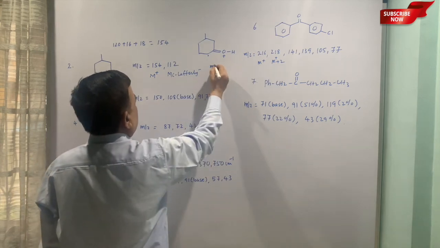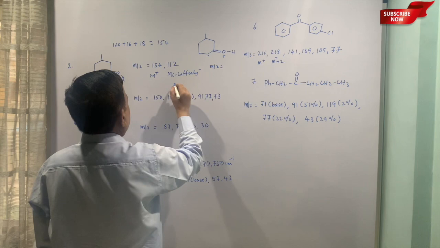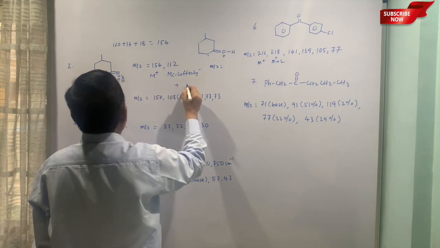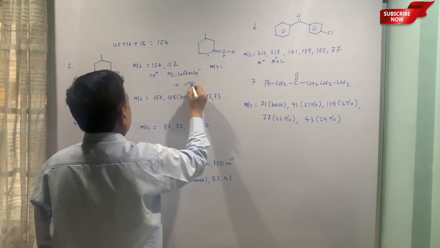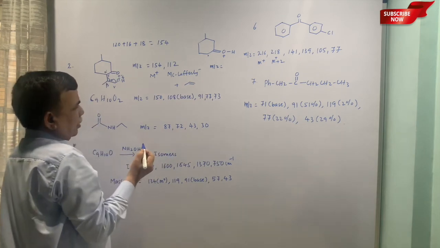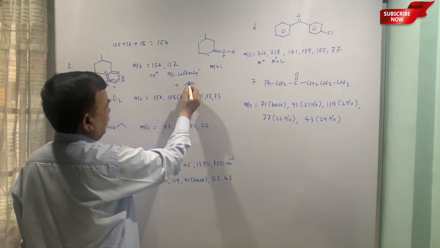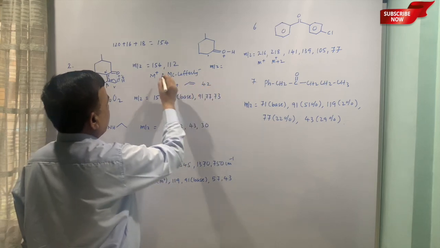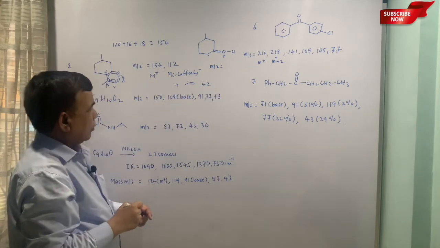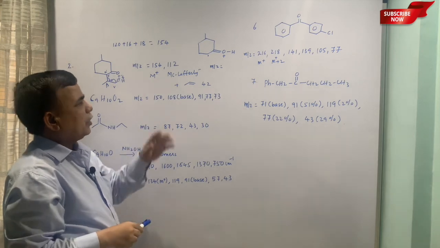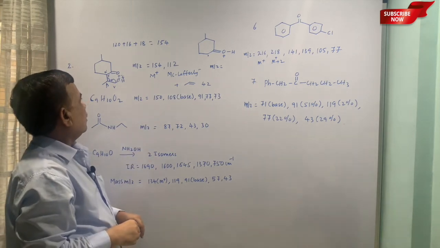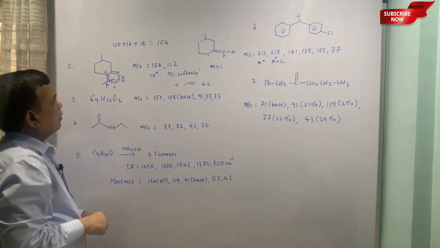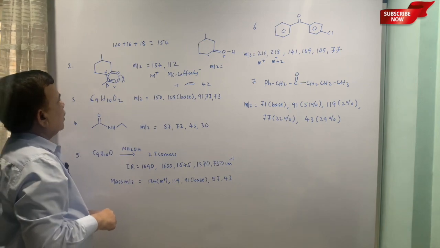M by Z should match. Now plus what is going off, you will be getting rid of this fragment. Now the mass of this fragment you can check, 3, 4, 6, 42. If you subtract 42 from 154, that is automatically 112.